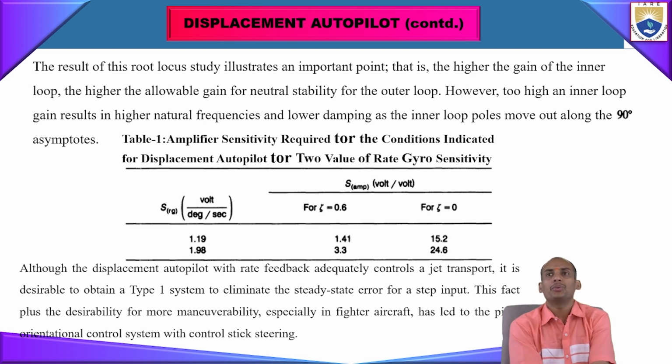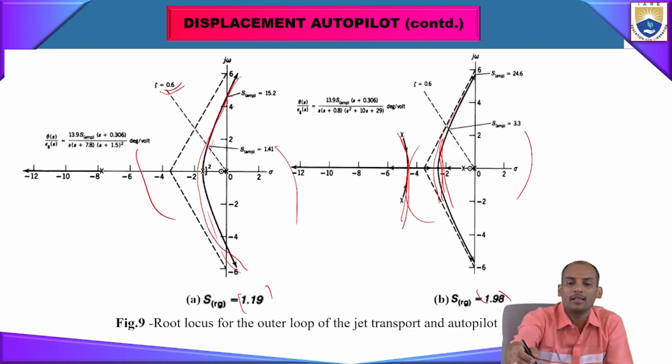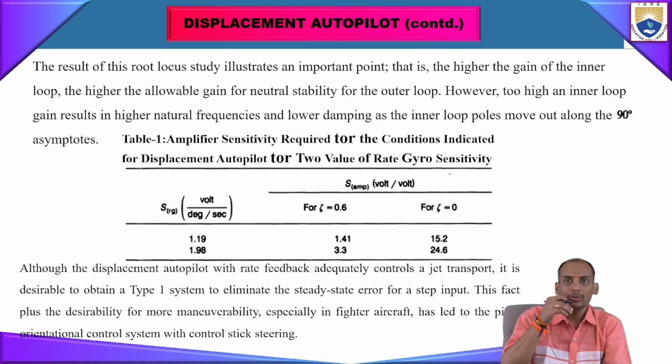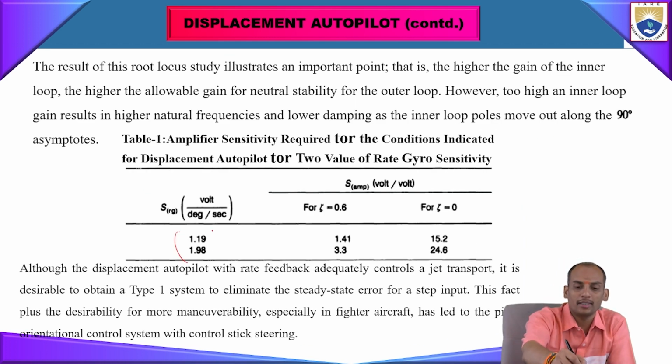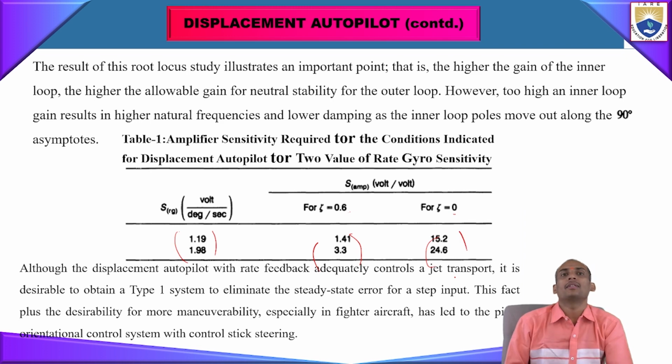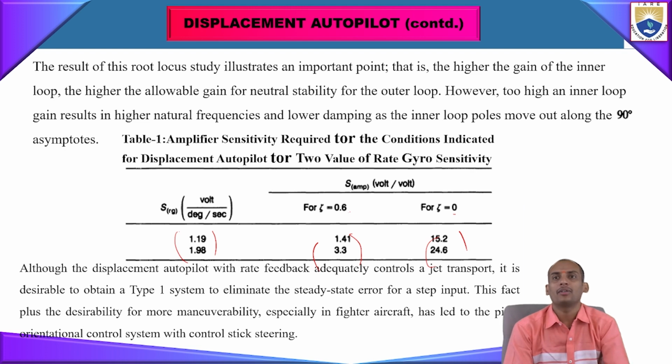However, too high an inner loop gain results in higher natural frequencies and lower damping, as the inner loop poles move out along 90 degree asymptotes. So the 90 degree asymptotes are placed here, and for the values of gain, the damping ratio from 0.6 to 0 changes like this. So the displacement autopilot with rate feedback adequately controls the jet transport.